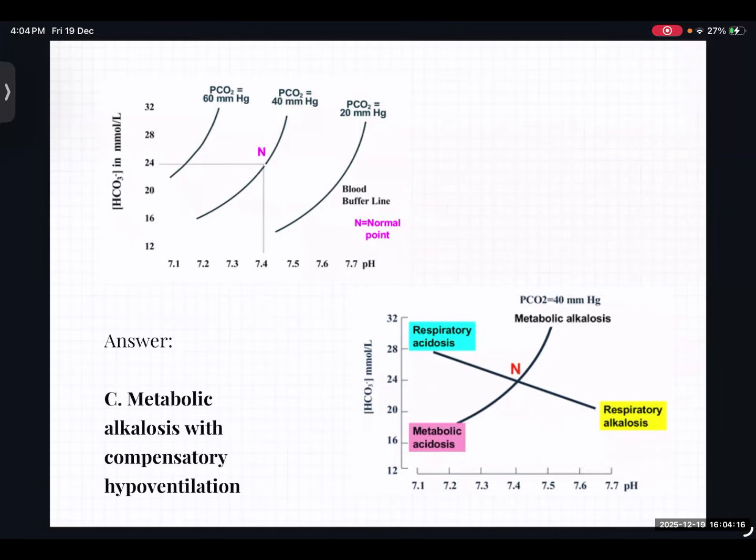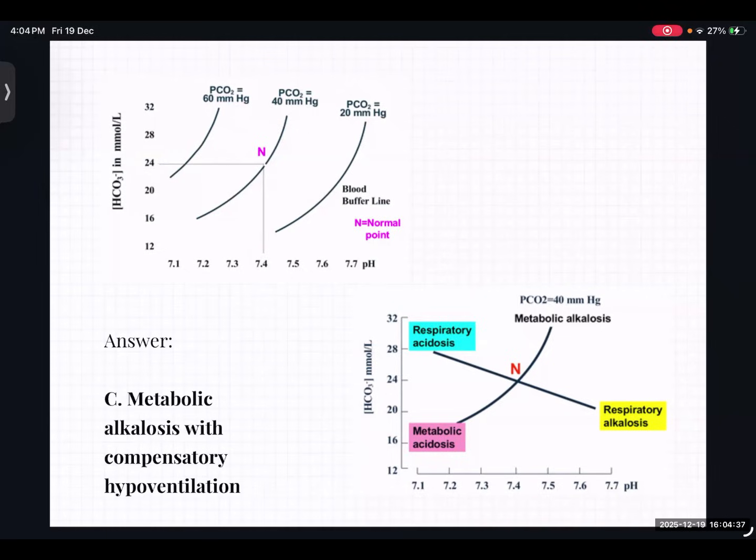For that, we have three concentrations of CO2. What is the normal point here? The point where we have 7.4, 24 concentration of bicarbonates, and 40.